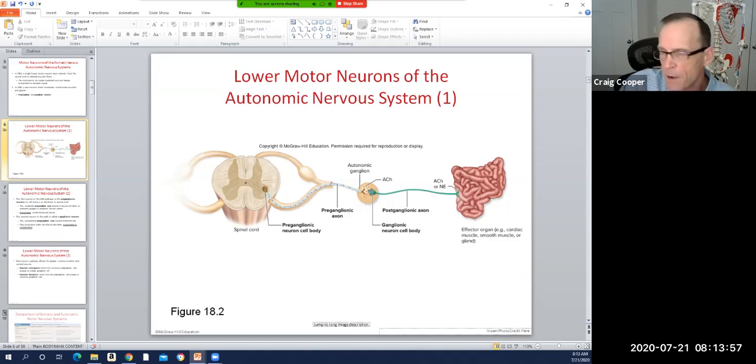Norepinephrine is essentially a very similar compound to epinephrine chemically, and that's our primary excitatory messenger that we use in the sympathetic nervous system. Norepinephrine and epinephrine can be classified as a neurotransmitter when they're released at a synapse like this.